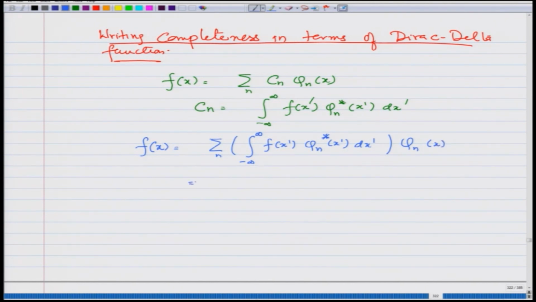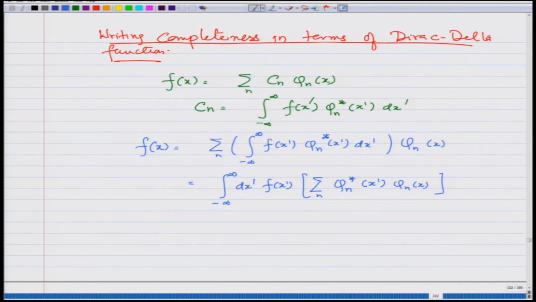I can rearrange terms and write this as the integration from minus infinity to infinity dx' f(x'), and then take the sum inside, because that acts only on phi_n star(x') phi_n(x) summed over n. This is what completeness has given us.